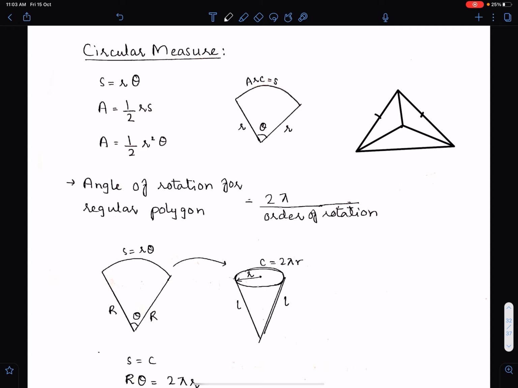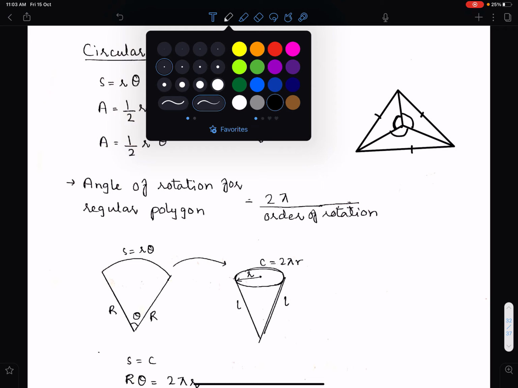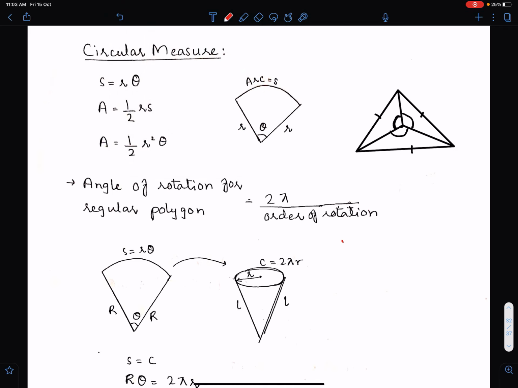This triangle is equilateral. This diagram is not drawn to scale. If we need this angle or this angle or this angle, then we need to use this formula.